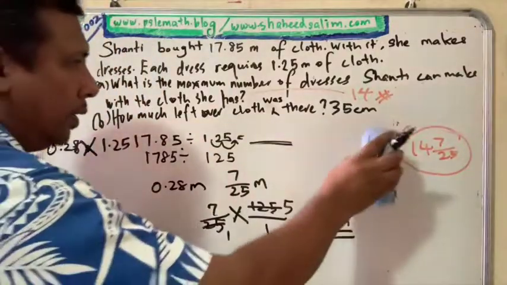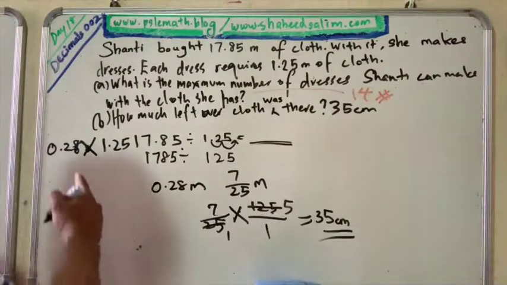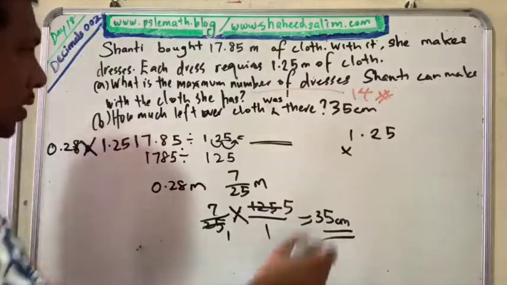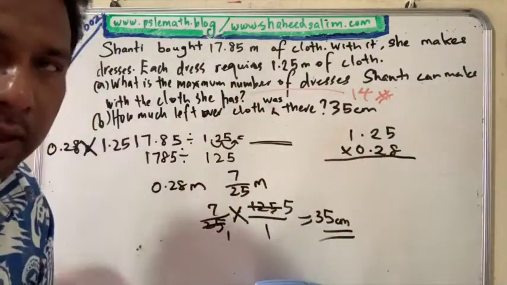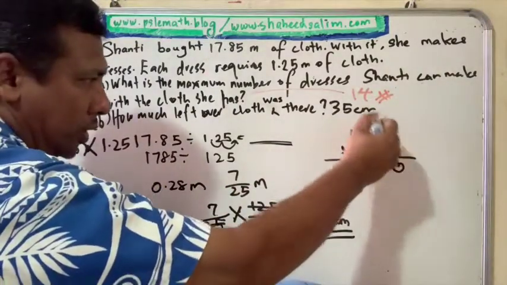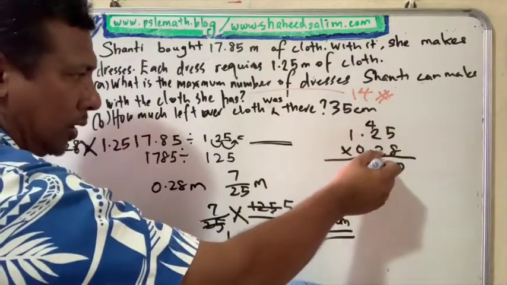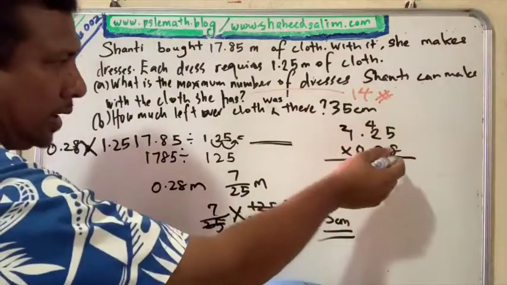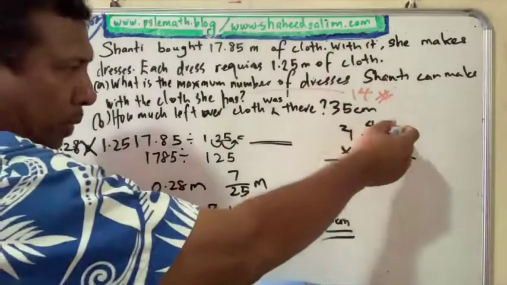Okay, I'm going to rub this off now and multiply this here. 1.25 times 0.28. Now ignore the dots first. Just multiply. 5 times 8 is 40. 2 times 8, 16, plus 4, 20. 1 times 8 is 8, add 2 becomes 10. Multiply the second one.